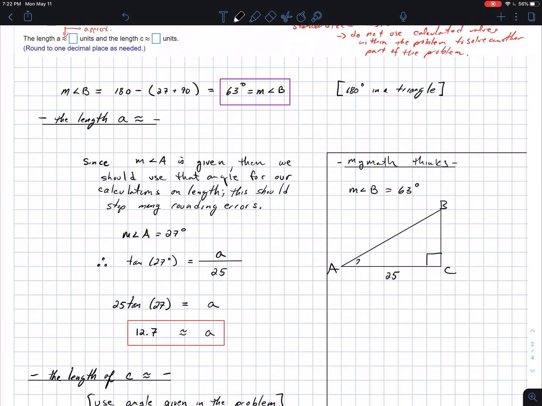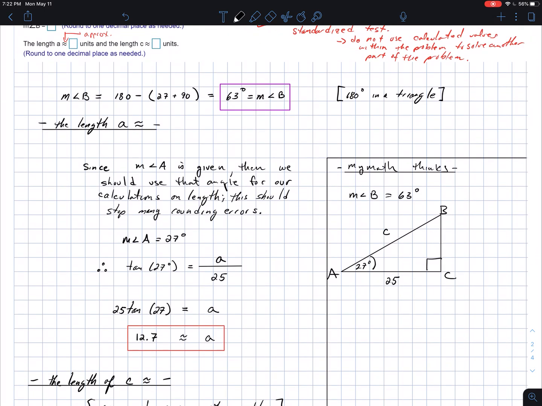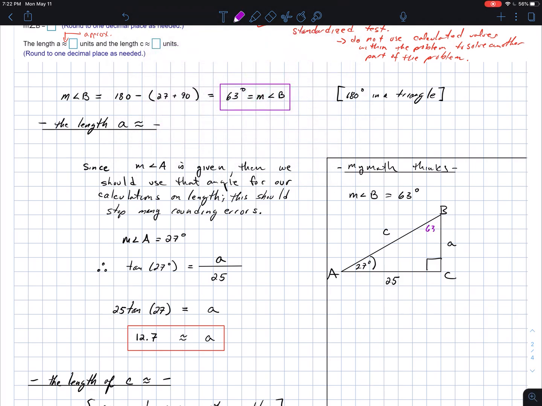And we knew this was 27 degrees, okay? And we knew that the hypotenuse was C, and we knew that this segment BC was A. So let me insert the 63. So now we can see that we're definitely dealing with the right triangle. But now we have to label it.